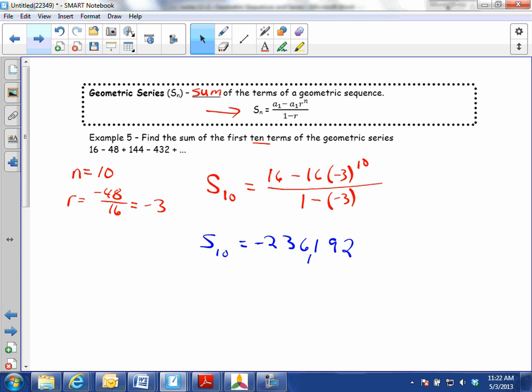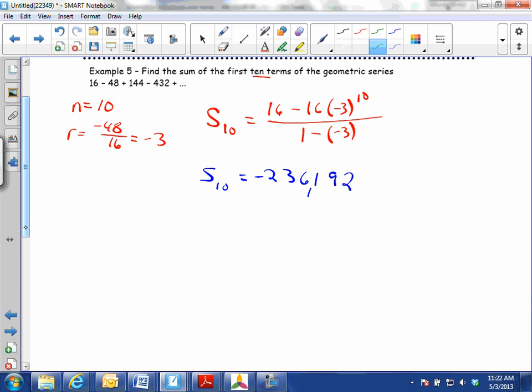So I get a positive. Negative 16 plus 16 divided by 4.